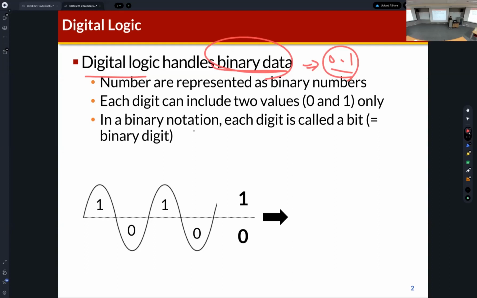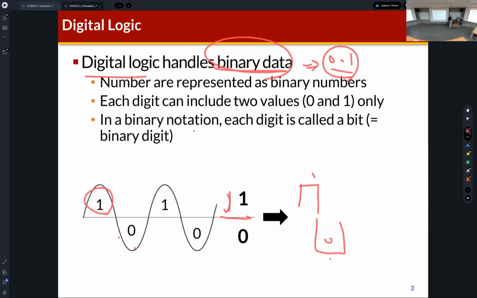So this is the example. It's an analog sine wave. Then this is the threshold, and as I mentioned, if the analog value is over this threshold level, then we can use 1 for representing this value, like this 1, and then we can use 0 for representing this low value.